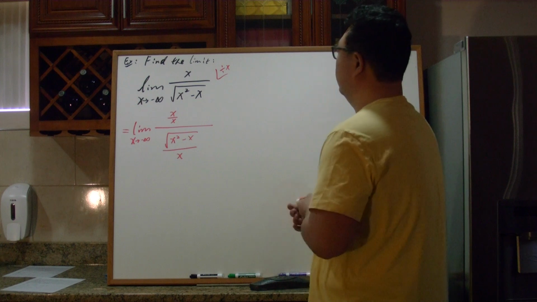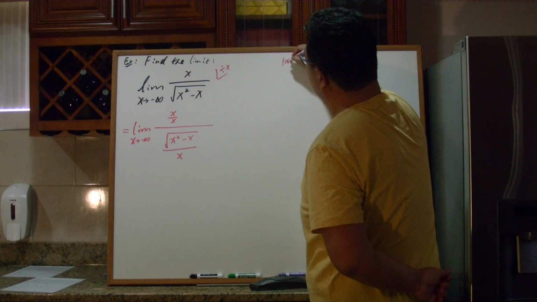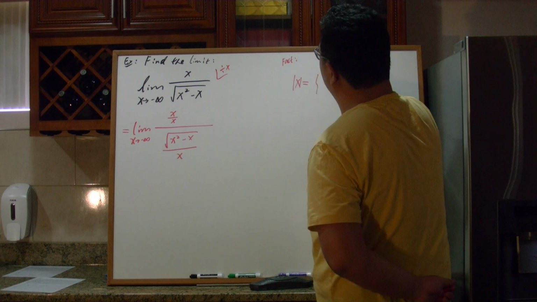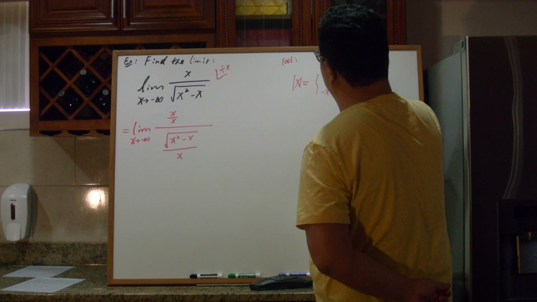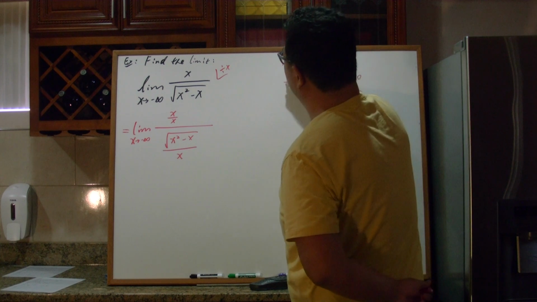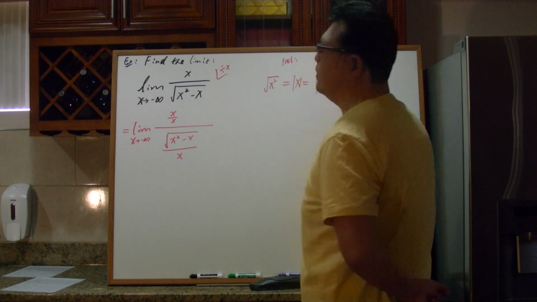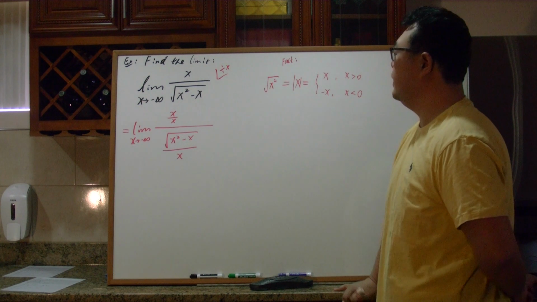There is a fact we need to see. The absolute value function of x is positive x when x is positive, and negative x when x is negative. The absolute value function can also be extended to the radical of x squared.